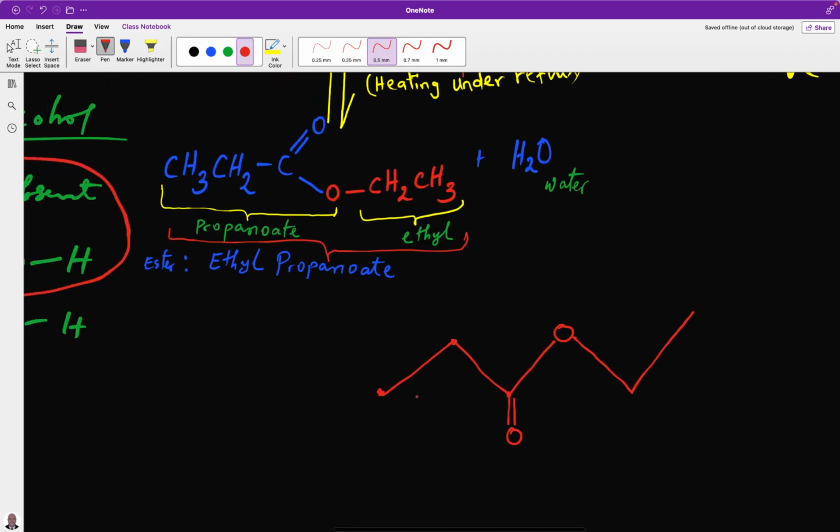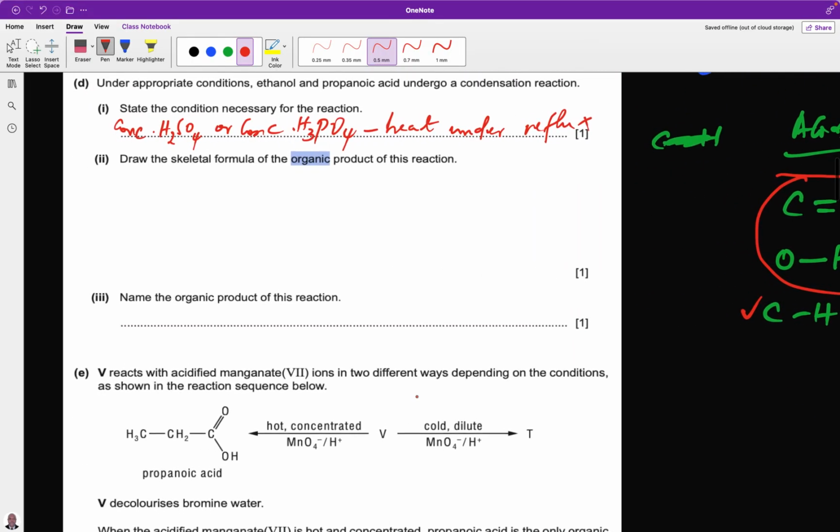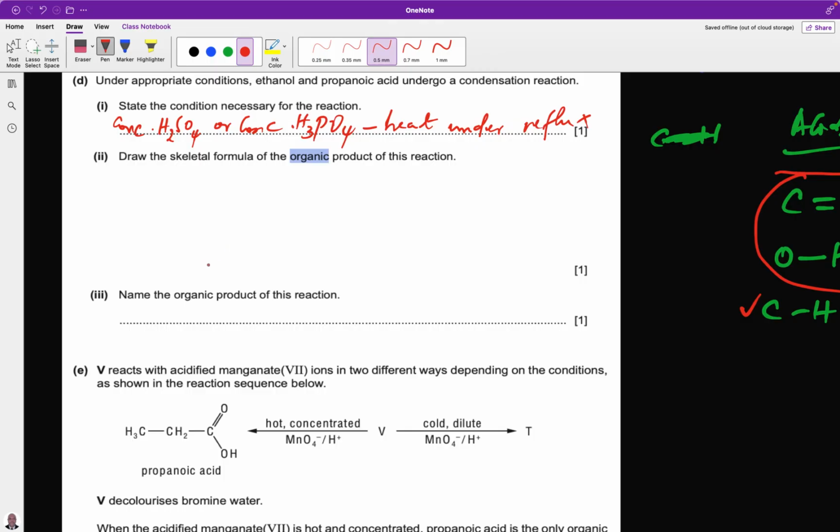So let's go back to our question paper and see how we can represent it there. In our question paper, as I said, this is the first carbon. It goes here. This is the second carbon. The second carbon now goes to the third carbon. Now this is the first carbon.